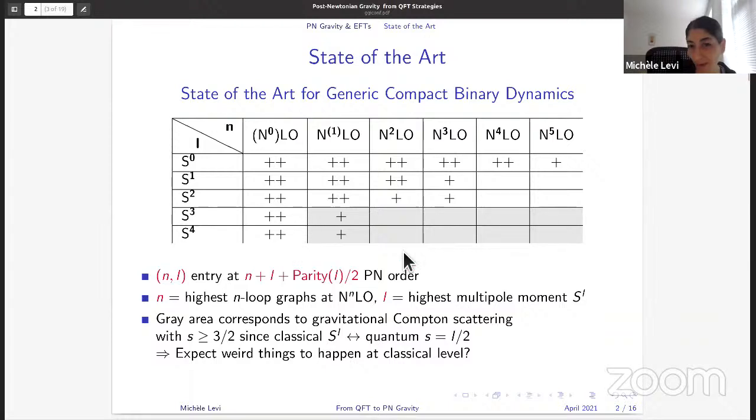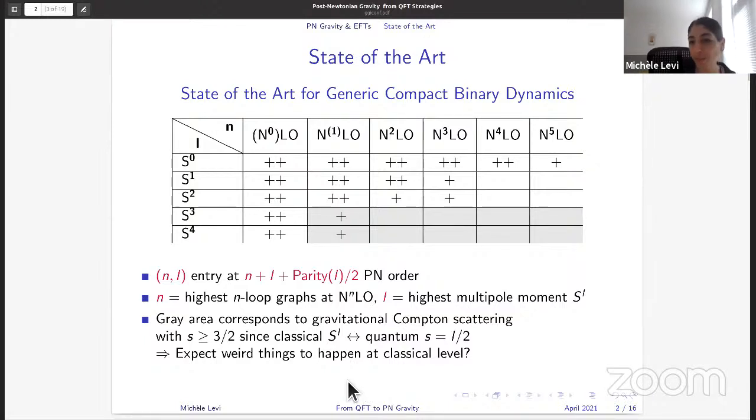Also, we can already take notice that there is an area which corresponds to gravitational Compton scattering. When we say gravitational Compton scattering, I mean the scattering which already requires a 4-particle amplitude. As of the point that we start to consider nonlinear interactions, there is a correspondence between sectors of quantum spin with spins larger than 3/2 and classical sectors with s to the power of L. We don't know, but we start to see already classically that weird things start to happen, and I'll get to that at the end.